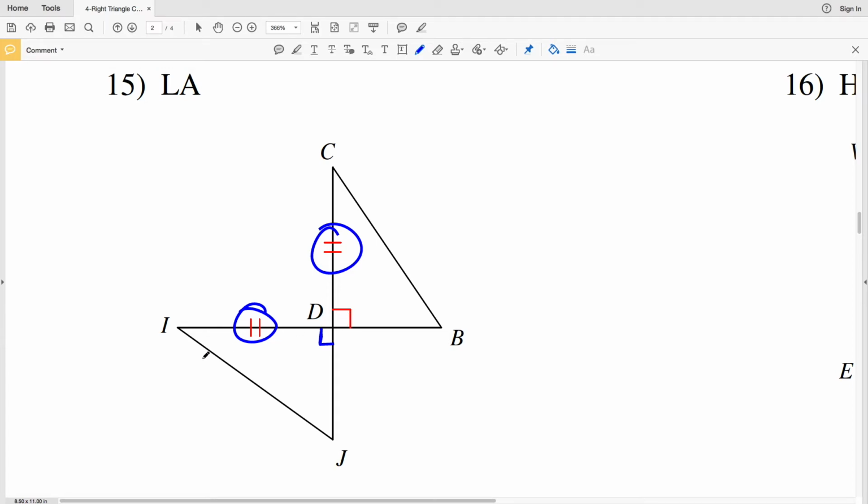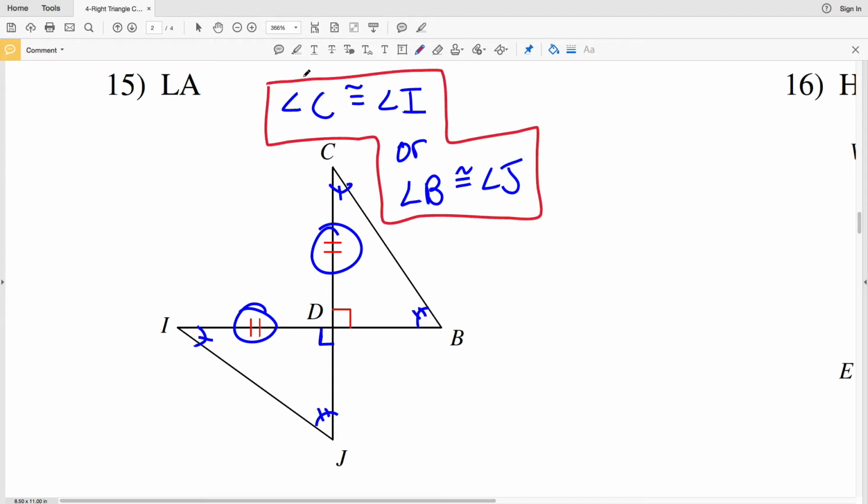Notice that side DI is the longer side and side DC is also the longer side, so this angle I is congruent to angle C. So angle C is congruent to angle I is one statement that will make the reasoning LA true, or we could say that the other angles are congruent. Angle B congruent to angle J. Angle C is congruent to angle I, or angle B is congruent to angle J.